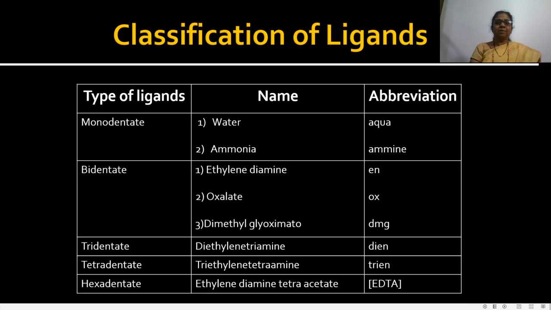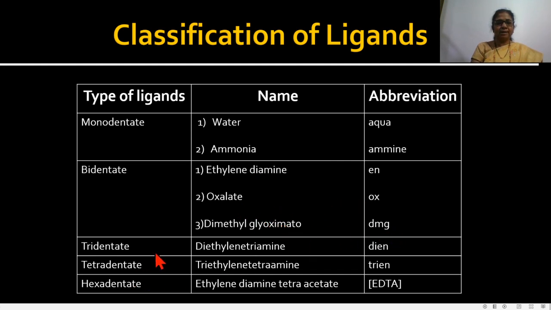Now see this. There are different types of ligands and different abbreviations used in our IUPAC system. Monodentate ligands have one donor atom. For example, water is called aqua, and ammonia is called ammine. Then bidentate ligands, for example ethylene diamine, abbreviated as en, oxalate ion, ox, and dimethylglyoximato, DMG.